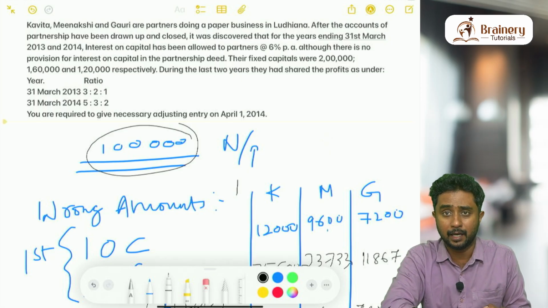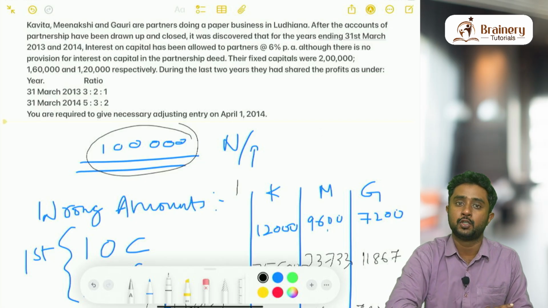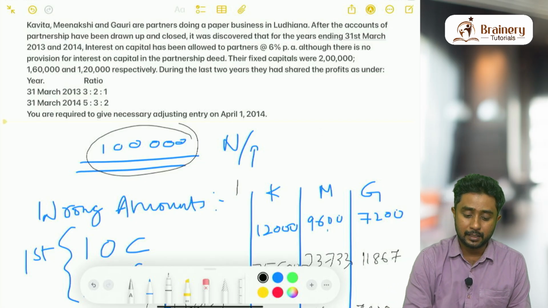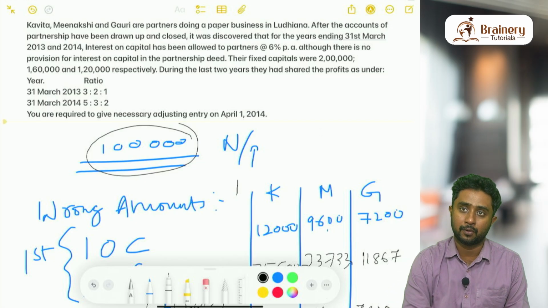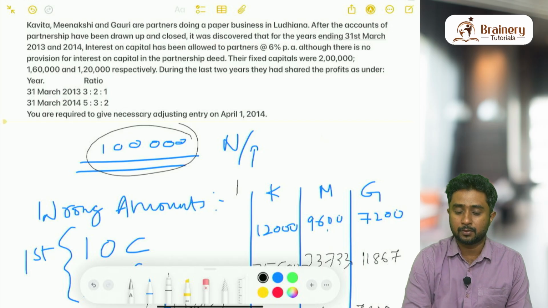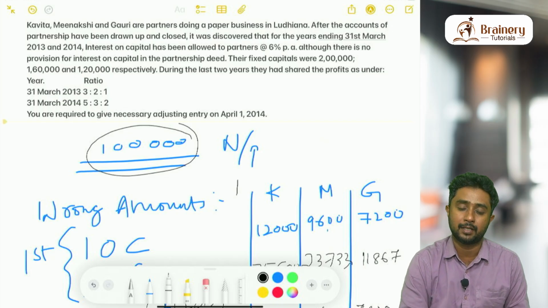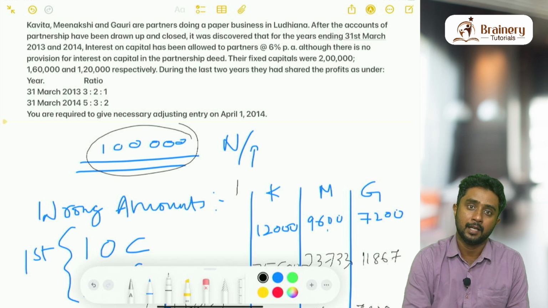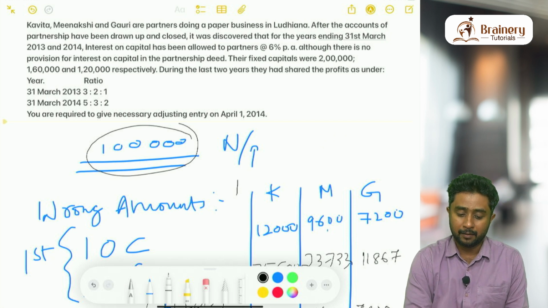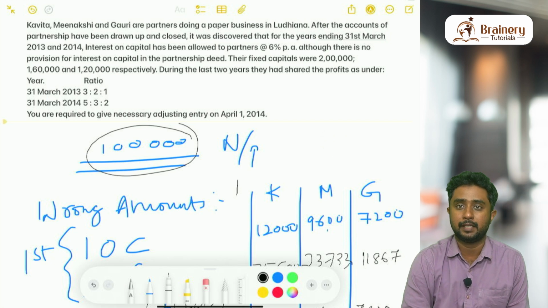Unless they say that no profit sharing ratio was mentioned in the partnership deed, the ratio they followed is correct. So there is no problem with that. Then the next doubt will be: why have they given this profit sharing ratio if everything was correct? The problem is not with the ratio in which they shared the profit. The problem is with the amount that they shared in this ratio.